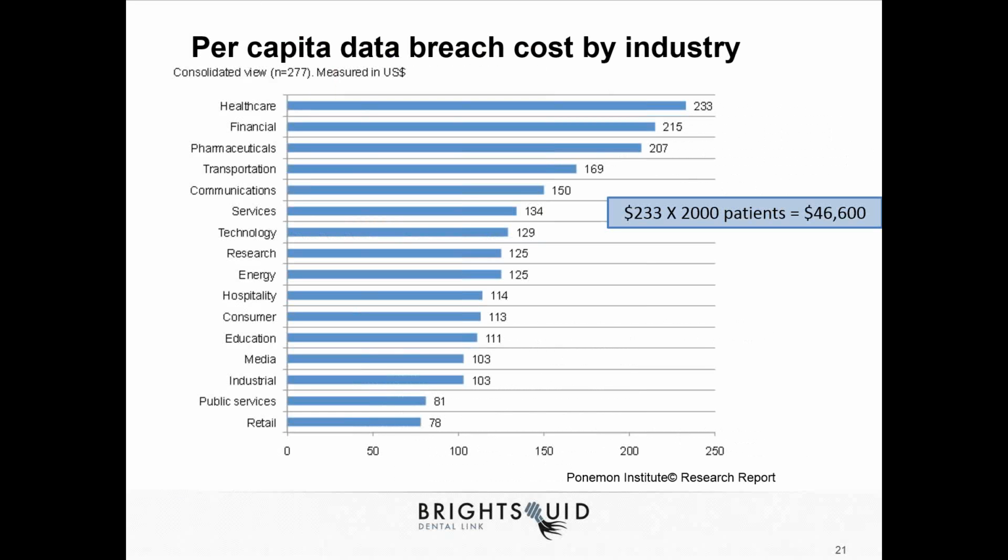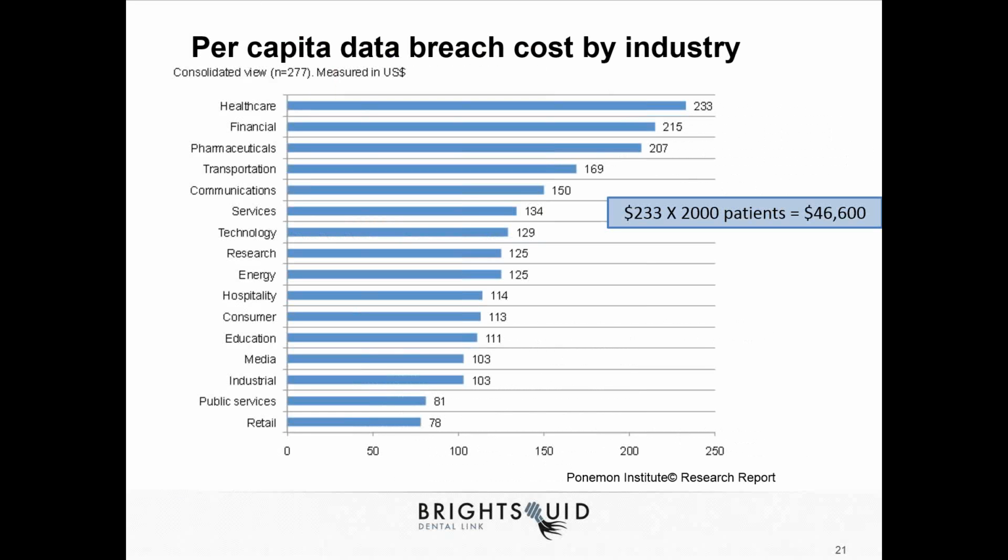There are in-house investigations that have to occur. There's communication, as I mentioned, to all of those individuals that has to occur. And there's even a concept of how much lost business we expect from the breach. All of that is captured and rounded off into that $233. So it's a pretty striking number per patient.